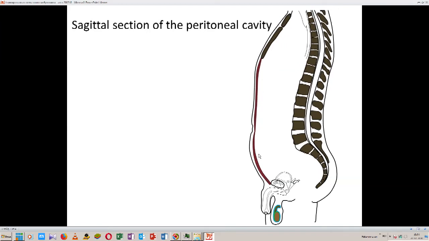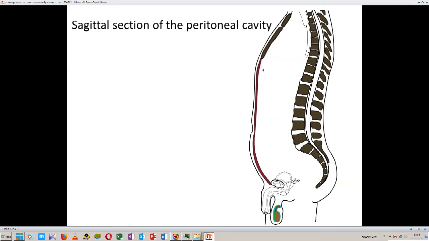It's a schematic representation of abdominal muscles. Really, you understand that if we make a sagittal view, this should be linea alba. That means the tendinous part of the abdominal wall, not the muscle part.